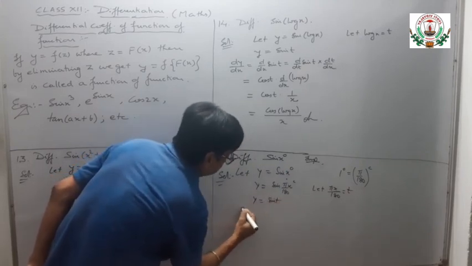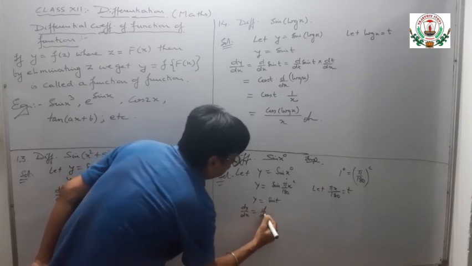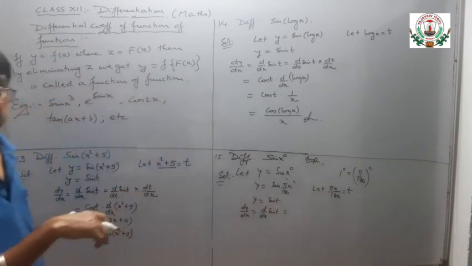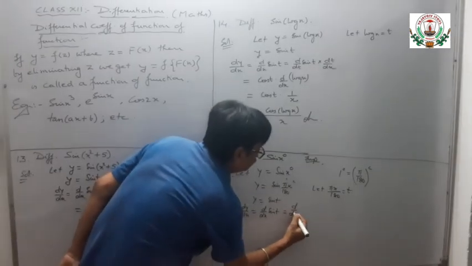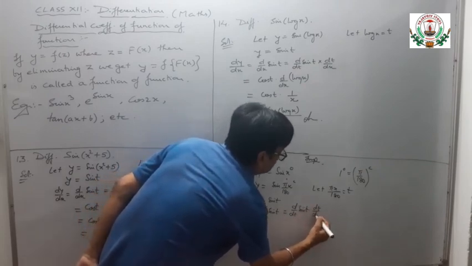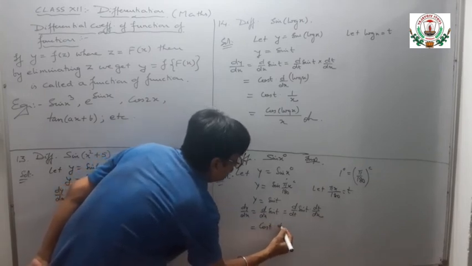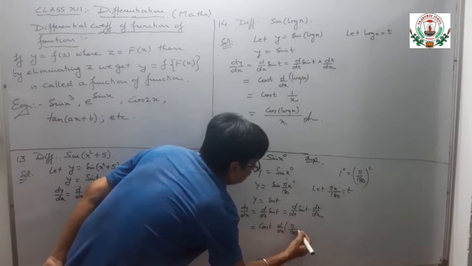Now differentiating with respect to x, dy by dx is equal to d by dx of sine t. Now again I have to convert this function with respect to t. So d by dt of sine t into dt by dx. So d by dt of sine t will become cos t, and d by dx of pi by 180 into x.